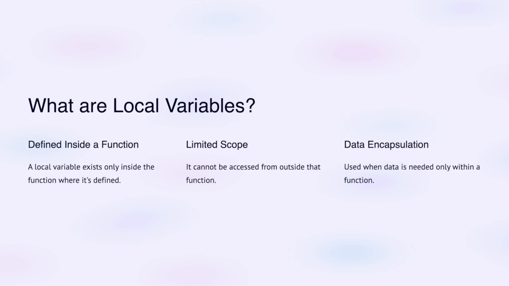So the first thing is the variable is assigned or defined inside the function. Limited scope, so it will be limited to that state only, which also secures the data encapsulation.